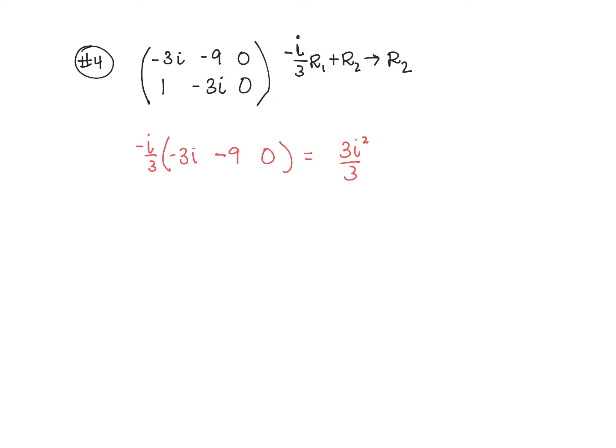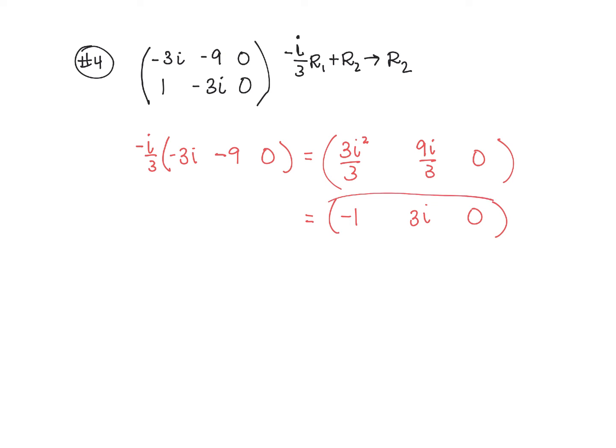I would never write all that. I just want you to see it. Plus 9i over 3 and 0. This is what that row would look like. Why would we do that? Why is that advantageous? Because that first term then becomes negative 1. My second term becomes 3i, and my third term stays 0.